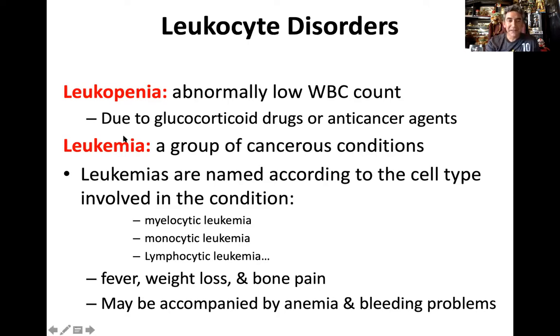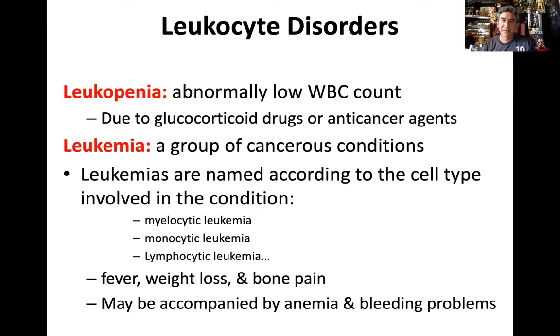Now, leukemia sounds a little bit similar, right? Leukemia is basically a group of cancerous conditions. So if leukopenia is a deficiency, not enough, leukemia would be an excess, too many. Too many of these cells are being produced, but they're not correct. They're in abundance, but they're abnormally shaped. They're not doing their job the way they're supposed to.